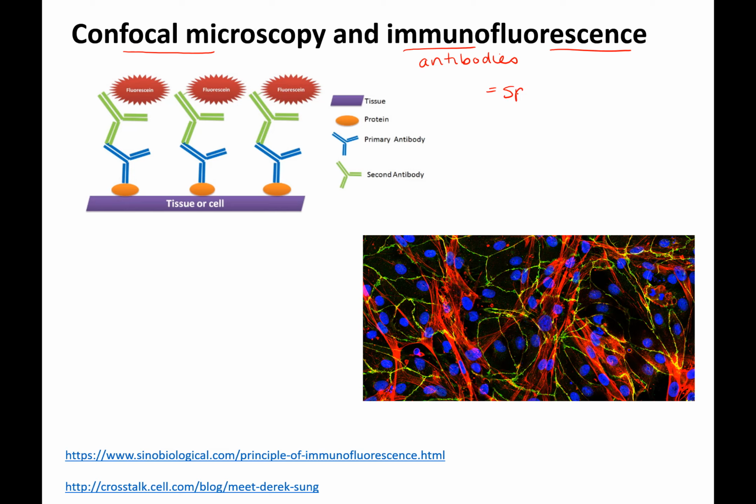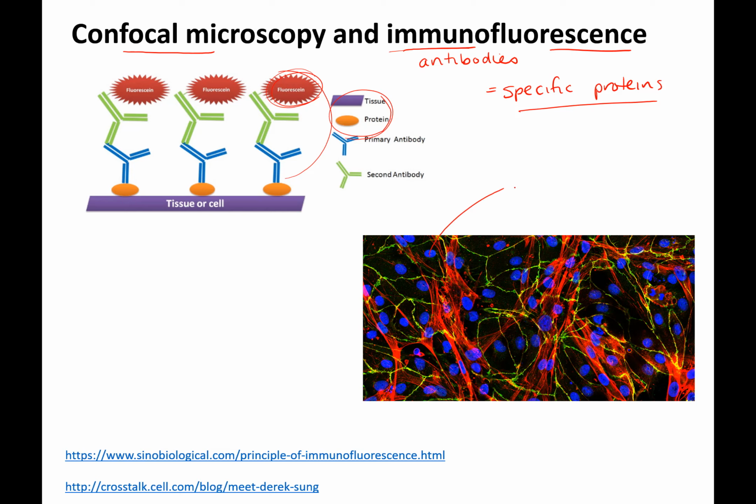So again, this is just to show specific proteins, parts of a cell. So you would have your protein that you're interested in, or your part of your cell, and you would use a set of antibodies, the immuno, with fluorescence to light it up. And the nice thing is you can have multiple colors at one time.